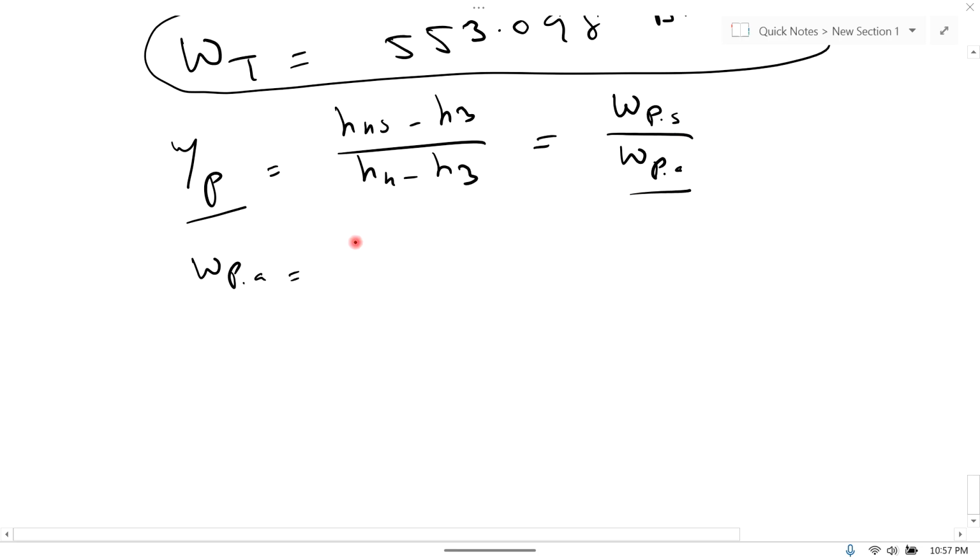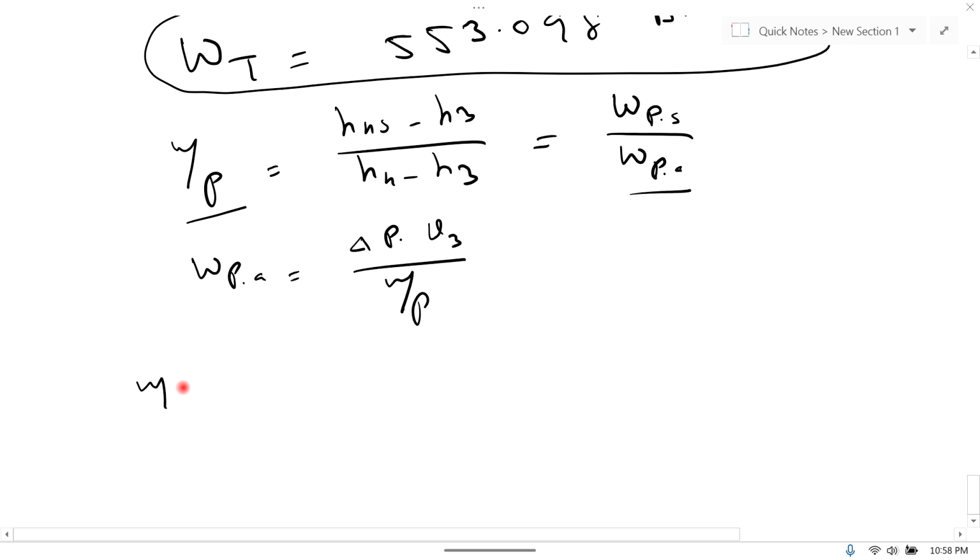WPA, the actual work, is equal to WPS, which is equal to delta P times V3, divided by the efficiency of the pump, which is given to us as 0.85. So now find the pressure difference.